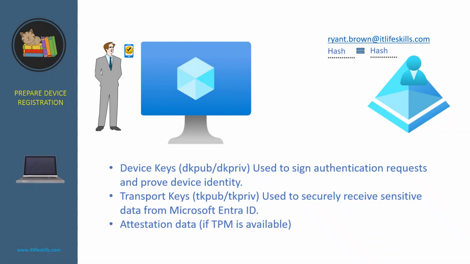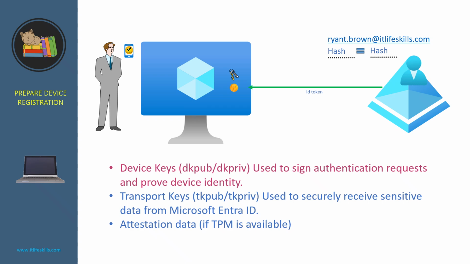After Ryan approved the MFA on his phone, he was authenticated. The Entra ID then generates his ID token and sends it to his personal computer. The personal computer then generates the device keys, which include the device public key and device private key used to sign authentication requests and prove device identity.